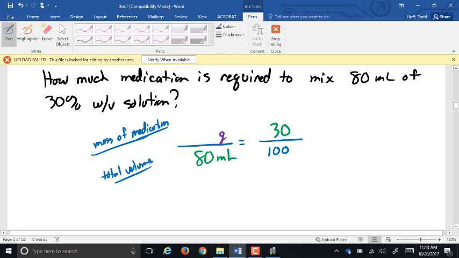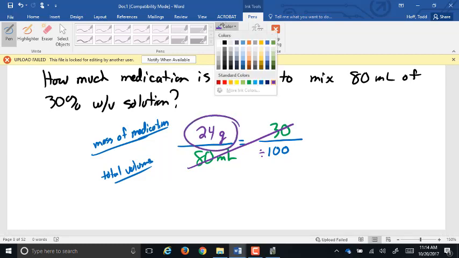Okay, so it's the mass of medication over the total. So the mass of medication in grams over the total volume of the solution in milliliters equals 30 out of 100. So it'll be 80 times 30, which is 2,400, divided by 100 is 24. So that's 24 grams of medication in 80 milliliters.